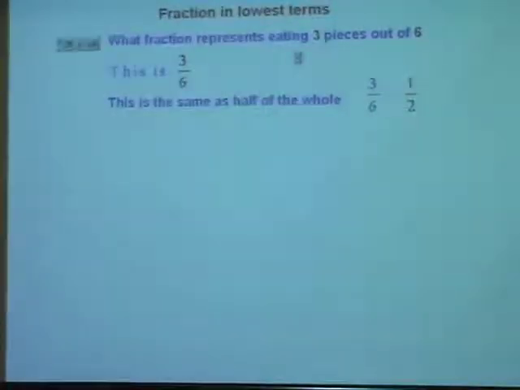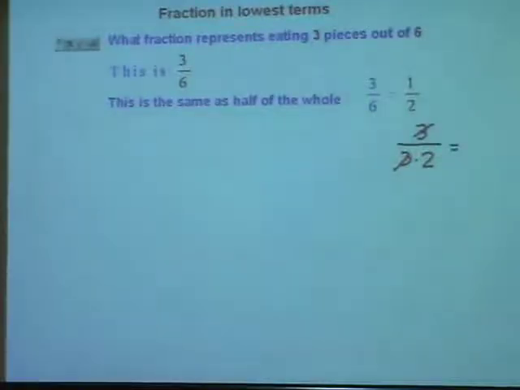What I need to do is write the denominator 6 as 3 times 2. So 3 divided by 6 is written as 3 over 3 times 2. And look at this. The 3 on the denominator and the 3 on the numerator will cancel.